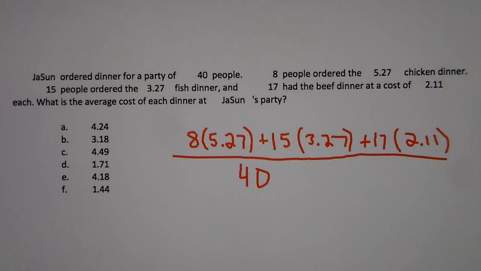And then I divide that by 40. And we get an answer of 3.177. And that's our answer, 3.177. We round it up and it turns into 3.18.